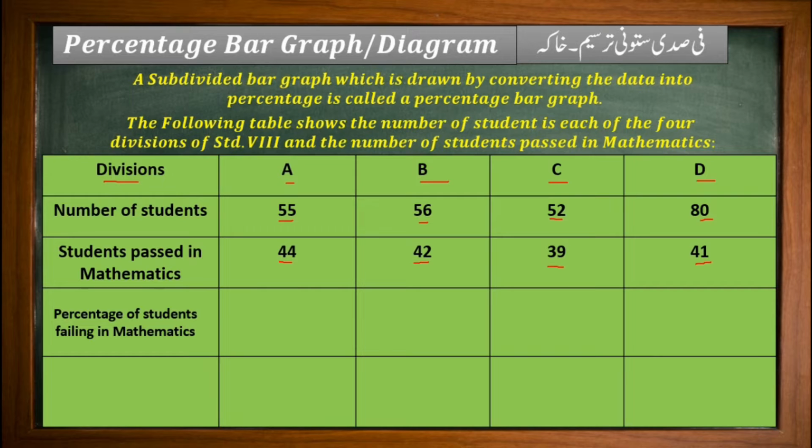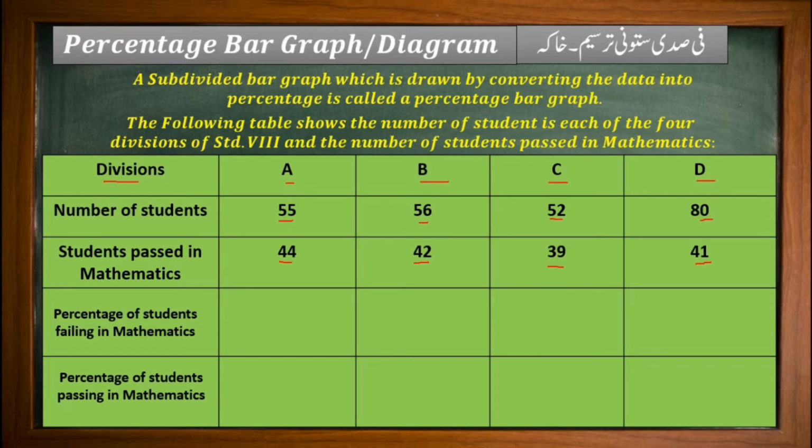Here we need to find the number of students who passed in mathematics. First we prepare a table showing the percentage of students passing in mathematics, and the percentage of students failing in mathematics.